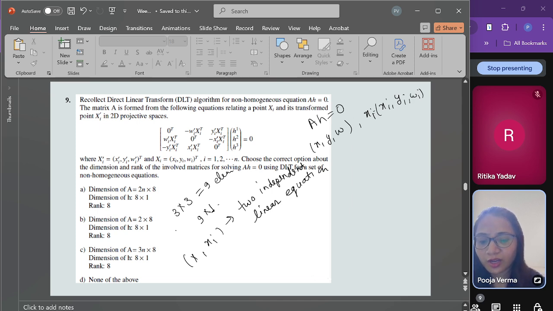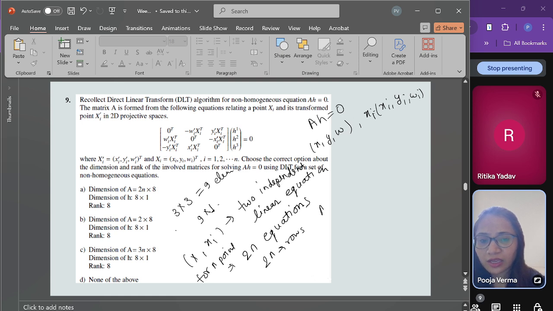For n point correspondences, there will be 2n equations, right? For n points, there will be 2n equations. So the matrix A has 2n rows, right?